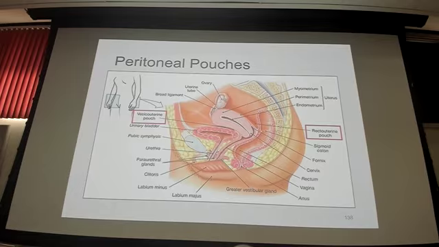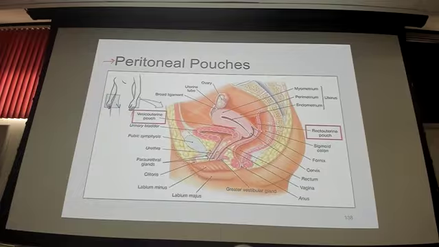So looking at the peritoneal pouches, why is this important? This will become more important to you when you get into general surgery and ultrasound, like doing FAST exams and things like that. You can appreciate what's called a rectouterine pouch, right here, and a vesicouterine pouch, so another pouch. Basically just an anatomic dead space, and what do you think that could be important for in pelvic or abdominal trauma?